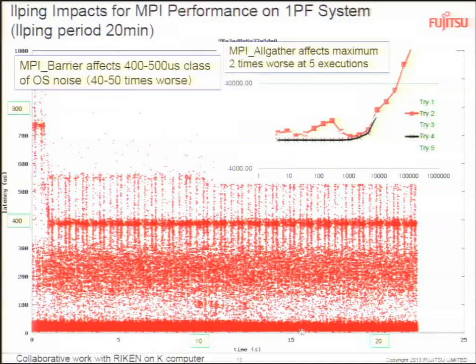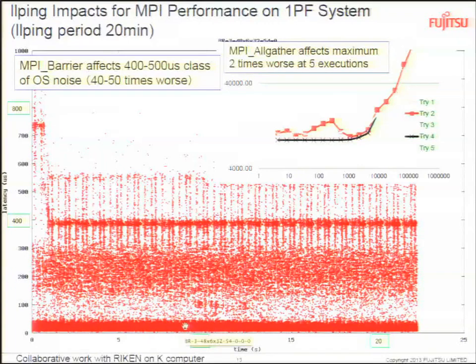The red plot shows each time affected, on a timeline of 100,000 times. Ideally, it takes about 10 seconds.